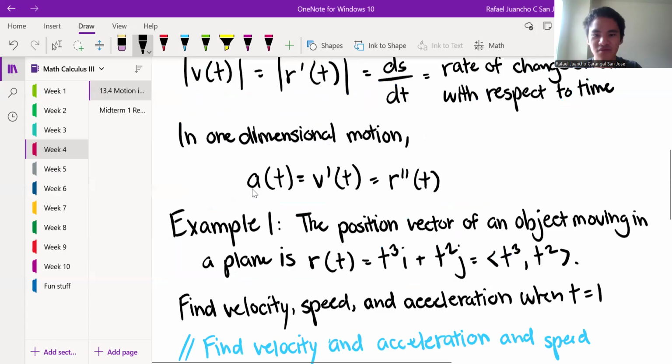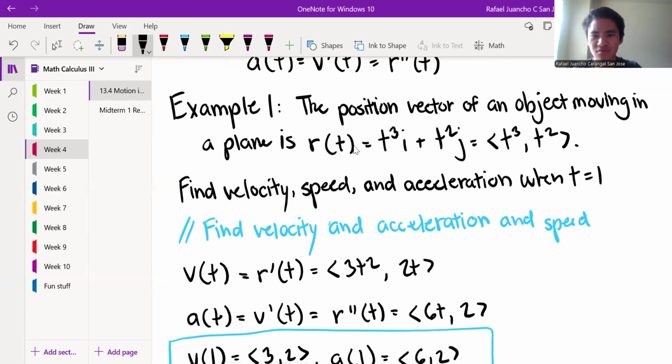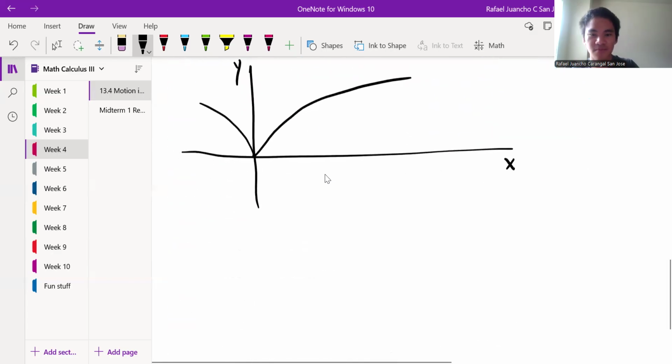Oh, then we use our position vector. But at t equals 1, that's just 1, 1. Right? If we do our position vector at 1, it's just going to give us 1 and 1. So this is just 1, 1. Okay. And then what else?